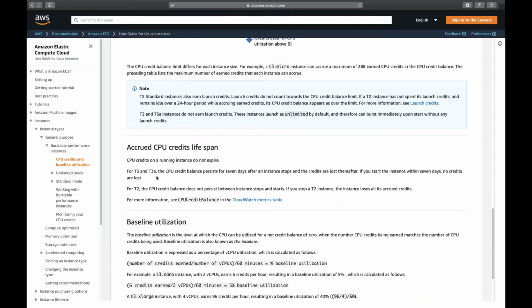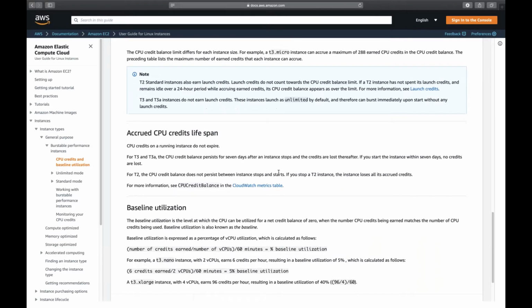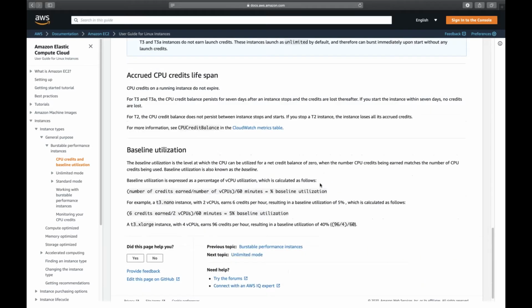But for a higher configuration, T3 CPU credit balance is kept for 7 days, and after that no credits are lost. So if you start the instance within 7 days, no credit is lost. If you have a stop date, it will be there for 7 days, and in between if you start it, your credits get restored, else it will be lost. For T2, start and stop means that it will be lost.